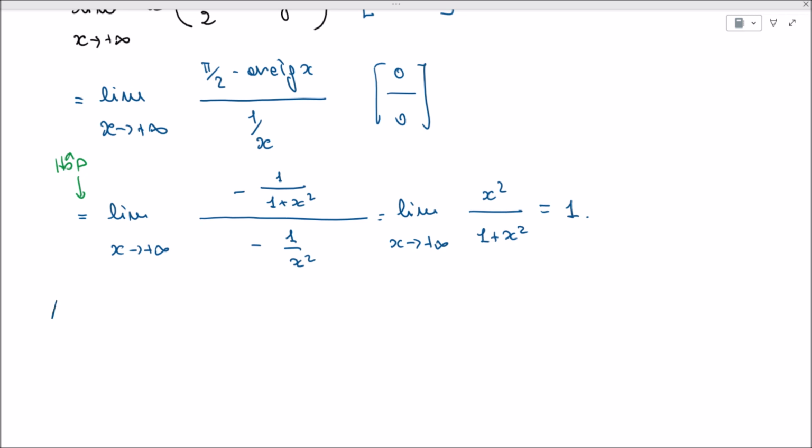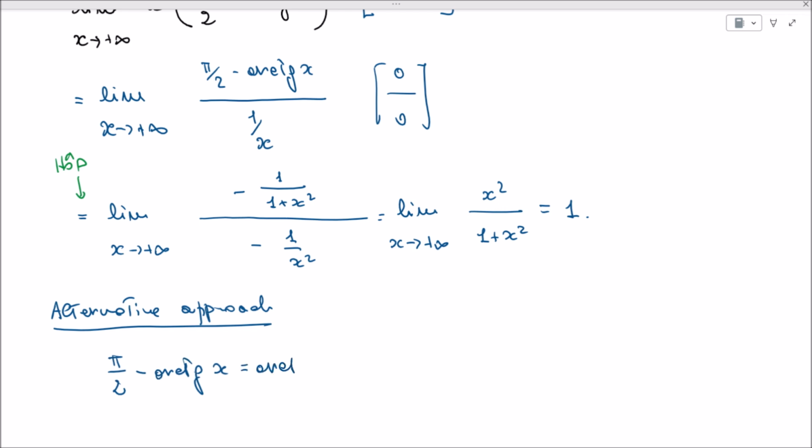Now, an alternative approach would have been the following: just rewriting pi over 2 minus arc tangent of x. If you remember, we introduced in one of the first lectures this identity. We know that this is equal to arc tangent of 1 over x, okay?